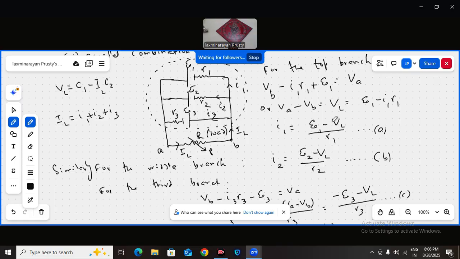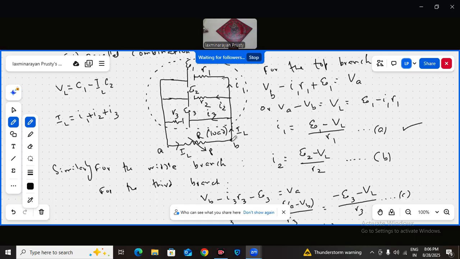Remember this. Go in the upper branch from B to A. We will write VB minus I1 R1 plus E1 is VA. So VA minus VB is VL, which is equal to E1 minus I1 R1. Then I1 is E1 minus VL by R1.